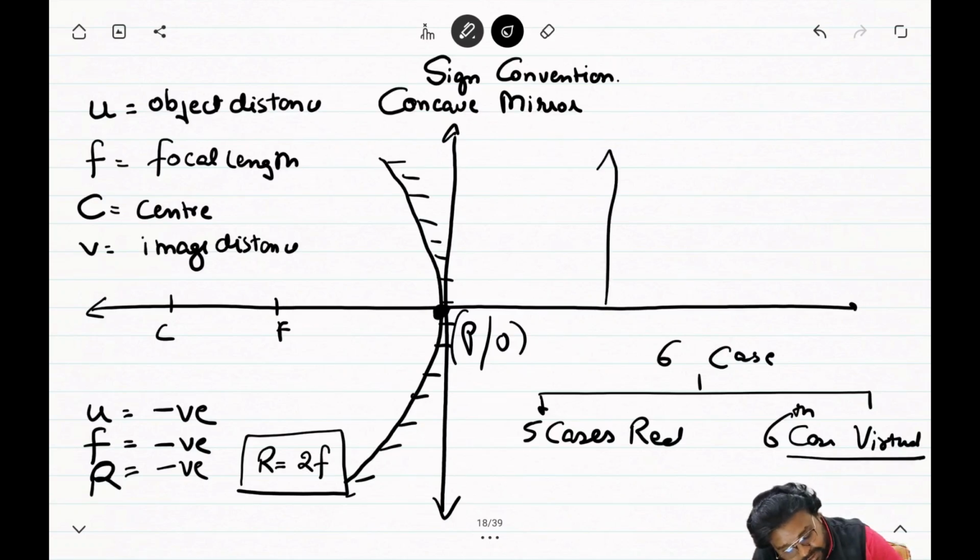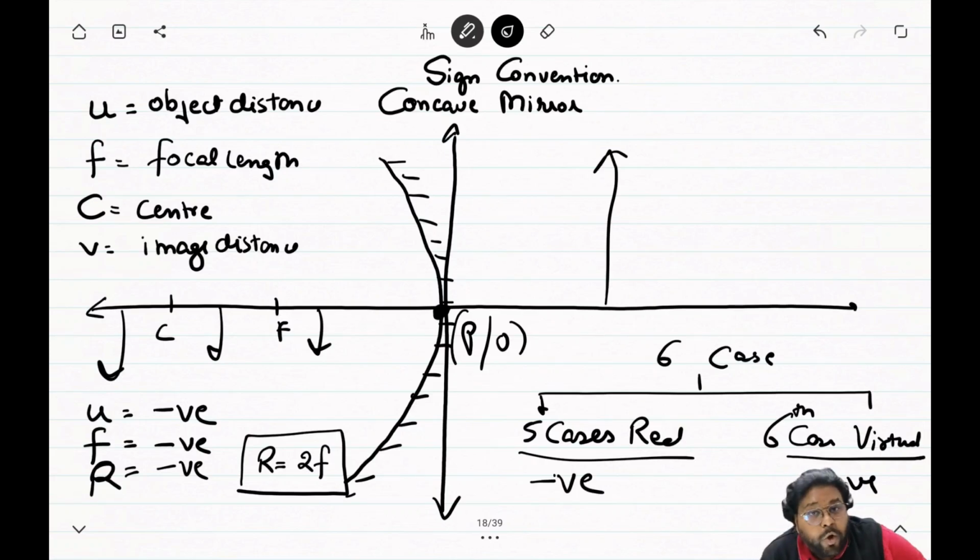In case of virtual, the image is obtained here, so it is positive. In case of real, all the images are formed here, so they are negative. So for a concave mirror, real images are negative, and virtual images are positive.